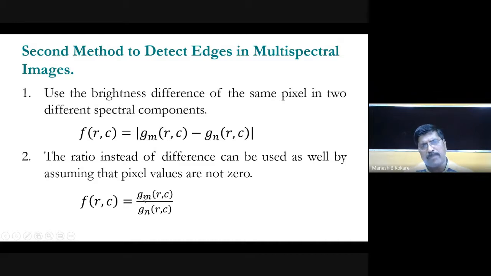You know that Zm is one spectral component of that multispectral image, and Zn is another spectral component. So you take just the ratio of those, which is another technique for detecting edges in multispectral images. These are very simple techniques reported in the literature and standard books.